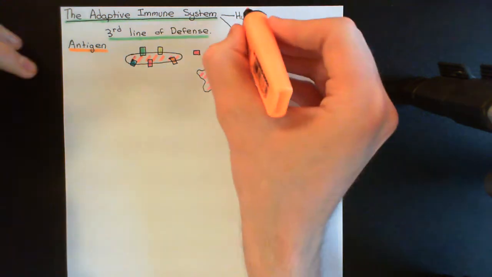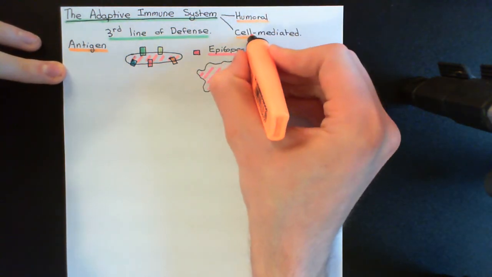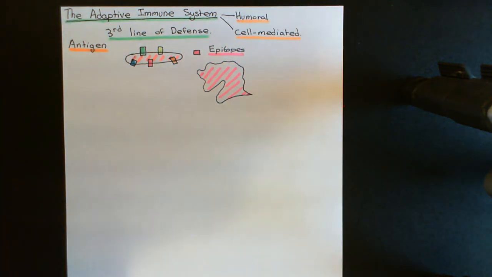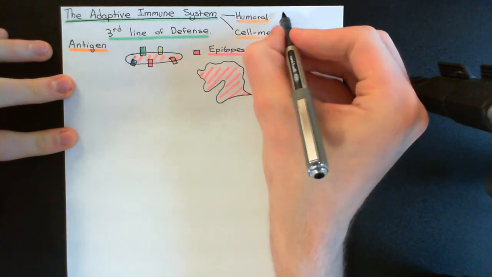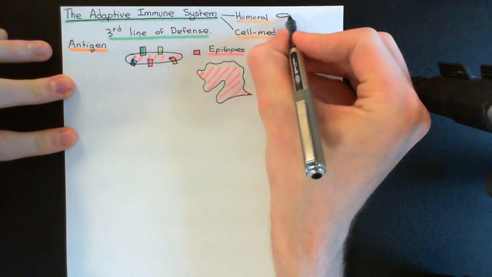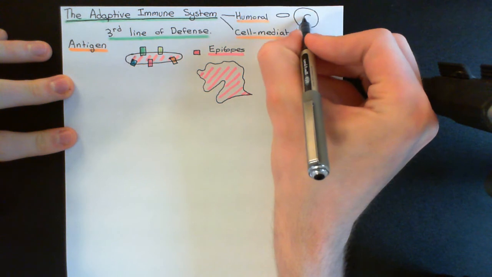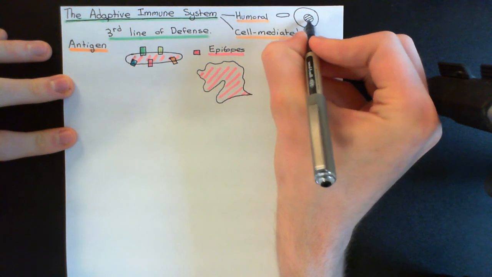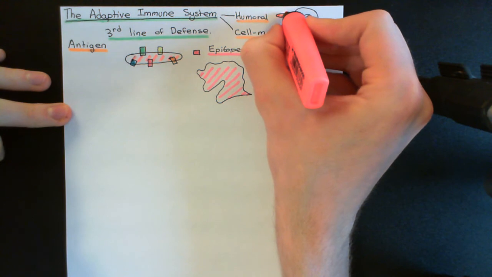Well, this is the difference between attacking extracellular pathogens and intracellular pathogens. The humoral adaptive immune response can attack extracellular pathogens. So if I've got a pathogen that is not inside of cells at the moment, here is my human cell, and we can see that the pathogen there is in the tissue fluid sitting alongside the human cell.